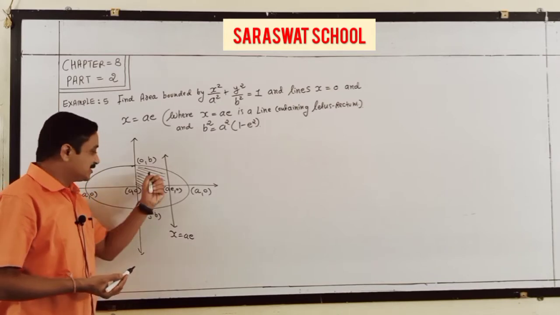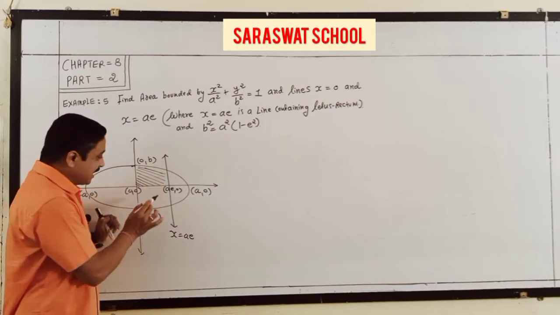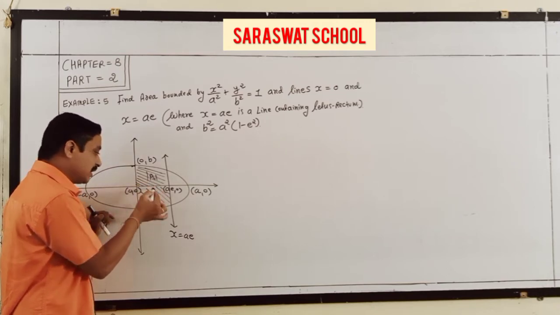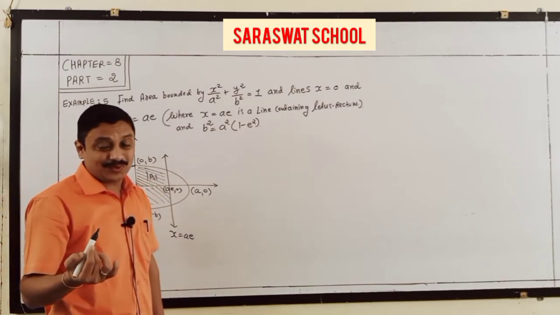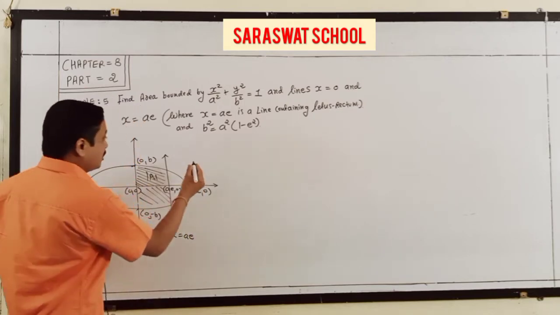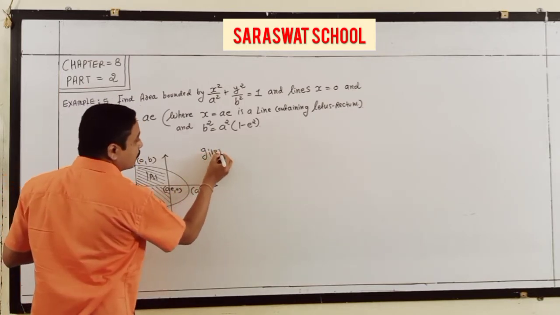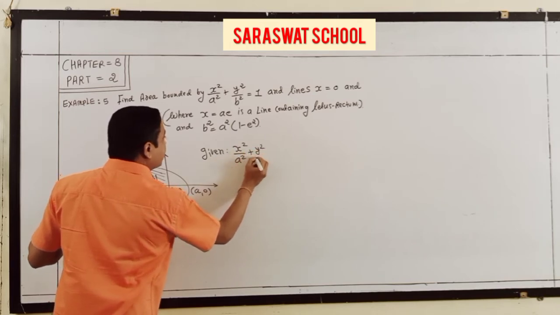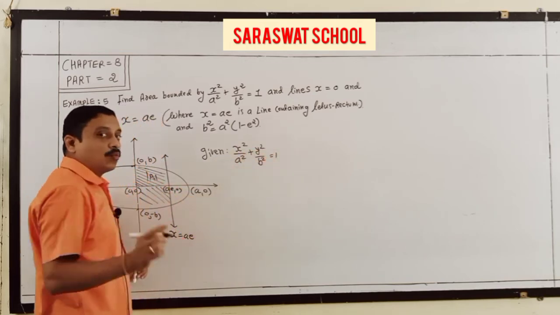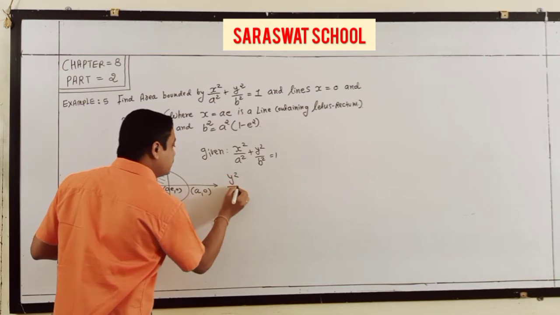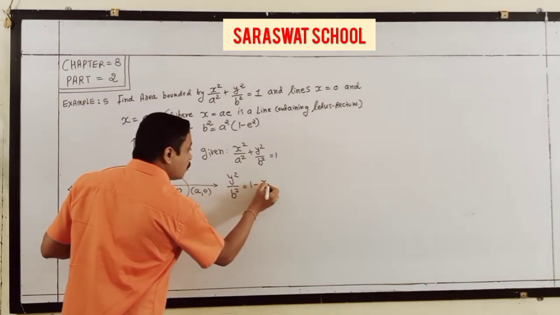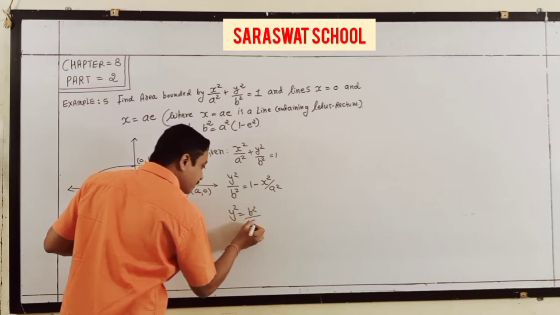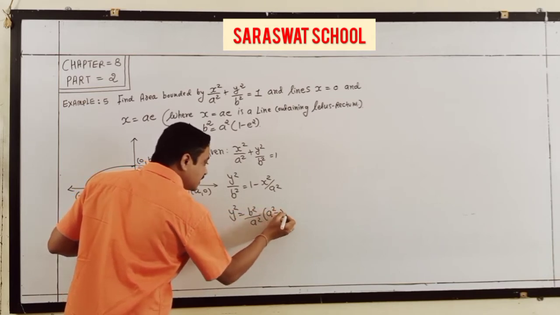After that, students, I will take double, either direct also double you calculate, don't worry. This is A1, and again that doubled, A2, means multiply by 2. So for the given ellipse curve x square by a square plus y square by b square equal to 1, I just separate the y value, so y square by b square is 1 minus x square by a square, so it gives b square by a square times a square minus x square.